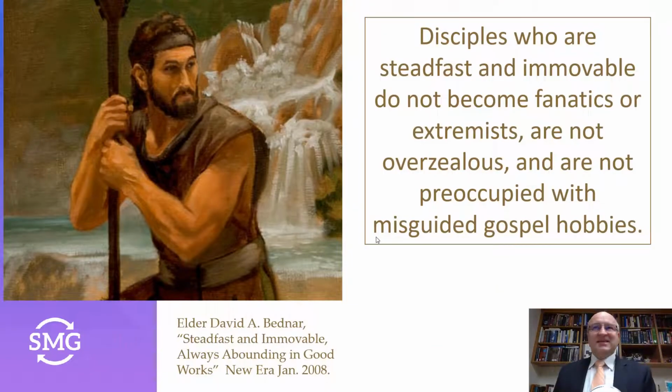And have you thought about how the scriptures describe Zeniff? Zeniff is an example of somebody who's not just zealous, but overzealous. He takes something good and goes so much more on it. Disciples who are steadfast and immovable do not become fanatics or extremists, are not overzealous, and are not preoccupied with misguided gospel hobbies.